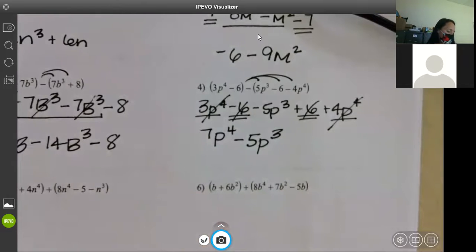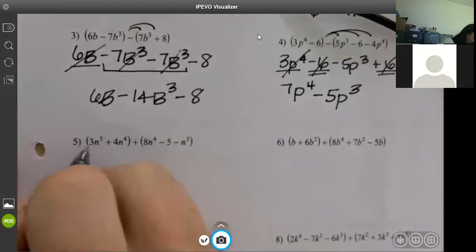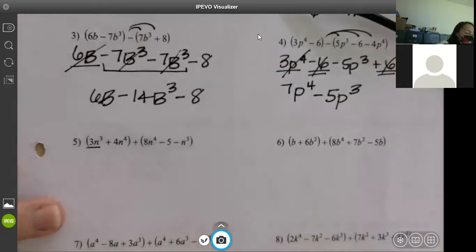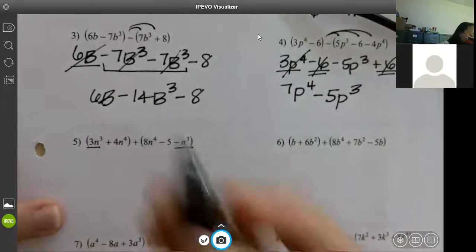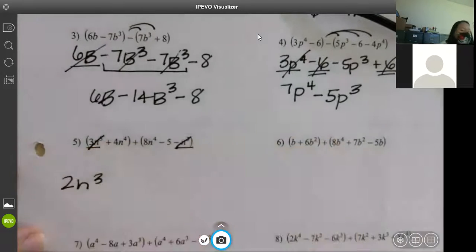And the only thing that changes is that they get a little bit bigger each time. If it's a plus, just find your like terms. I'm going to start with 3n cubed. And there's a minus n cubed. So 3 minus 1 is 2n cubed, and I'm done with those.